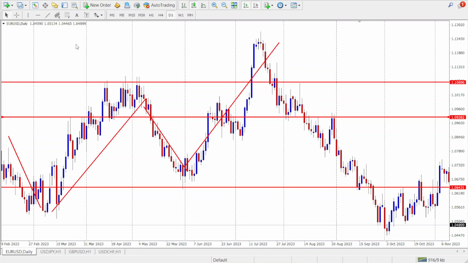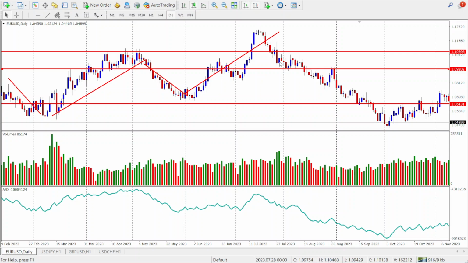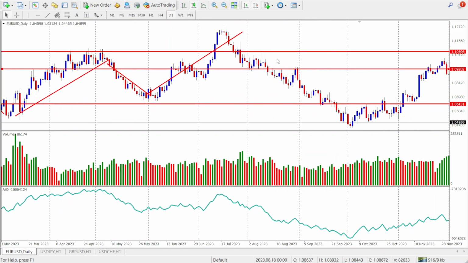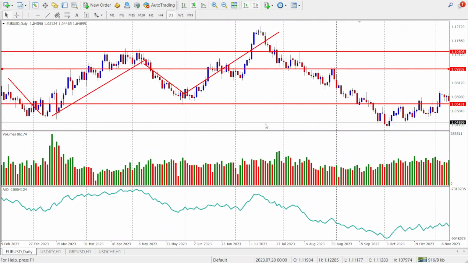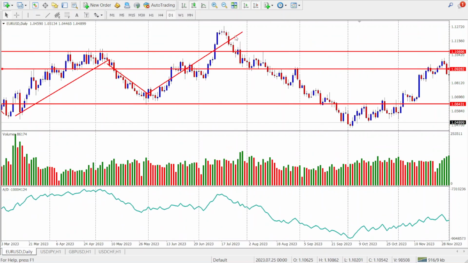Let's add the volume indicator to see if we had any significant volume, and let's also add the accumulation distribution indicator. We can see that this seems to be a phase of distribution.